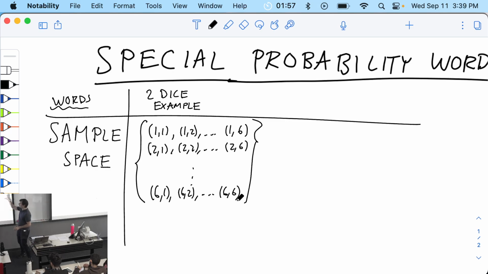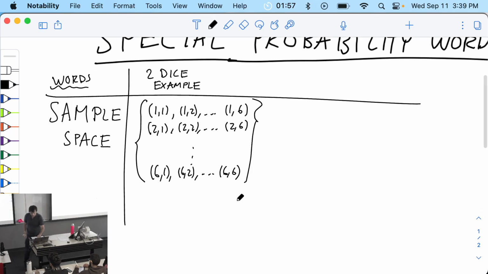The thing you need to know is sample space means this kind of special collection of things, and it comes with a rule for doing probability. In our case, the rule for doing probability is the equally likely rule.